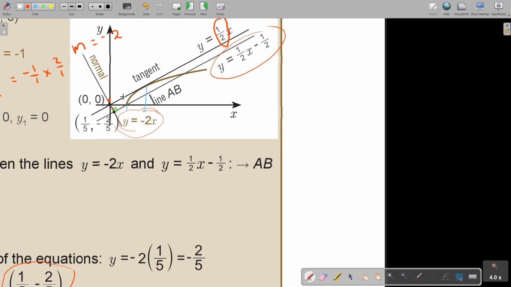I'm going to use a ruler to find that perpendicular distance. So basically, I'm going to start first with this, let's call it the blue triangle.